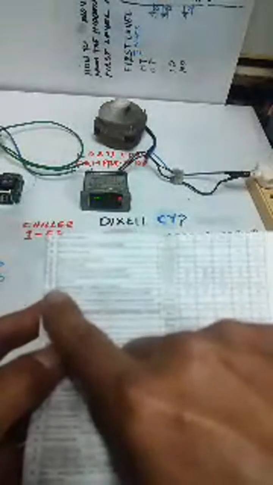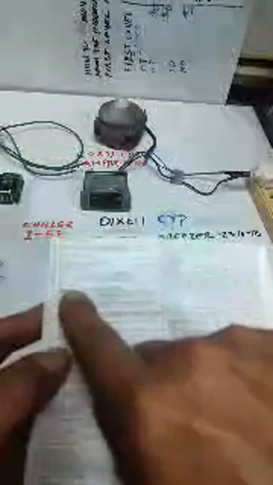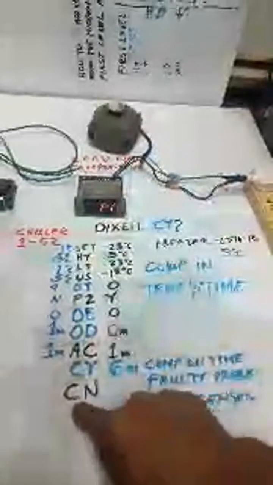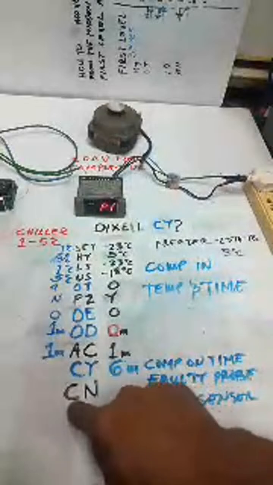Until here, until here. Oh, where is it? Blurred. Okay, so since I set it to 6 minutes, the load for the compressor will run for 6 minutes, and it will turn off by putting a value for the compressor off.